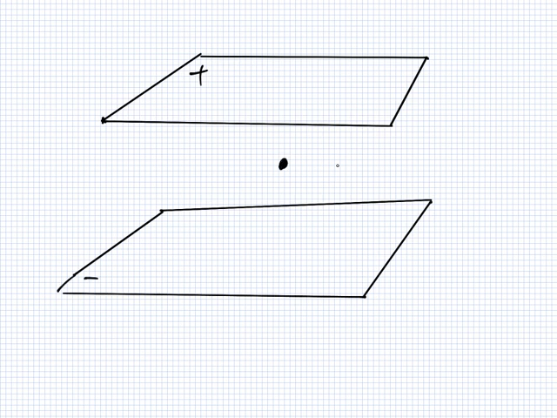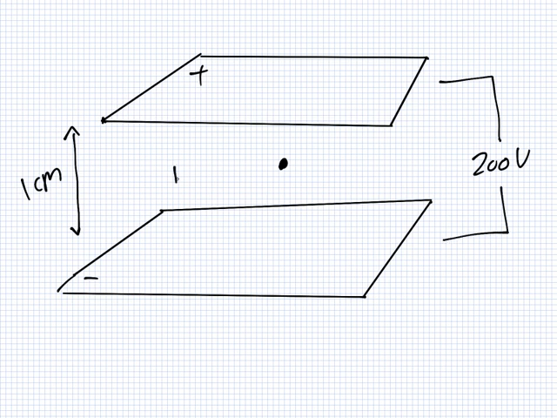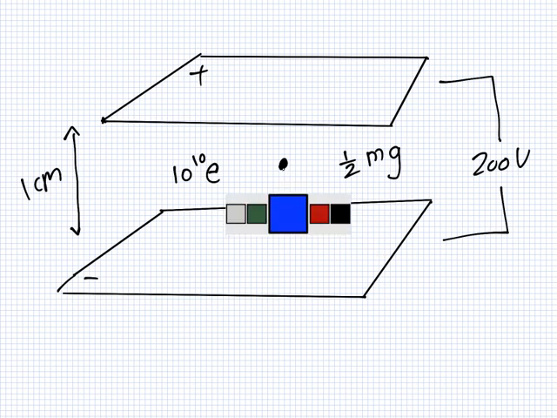This distance is 1 centimetre, and there's a 200 volt potential difference here. The charge is 10 to the minus 10 C, and the mass is half a milligram.